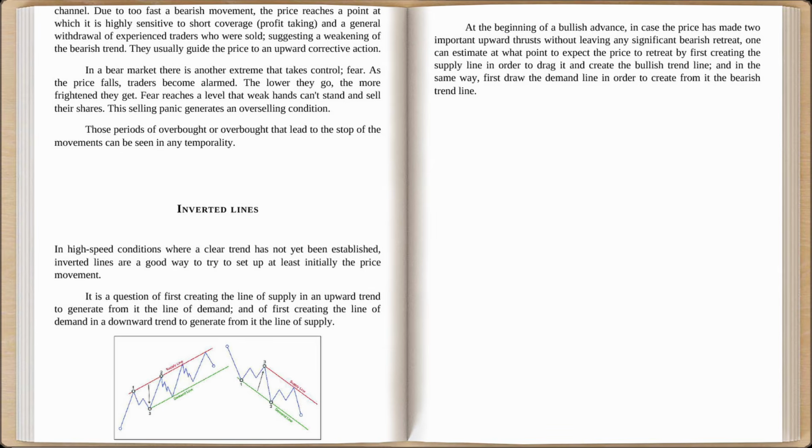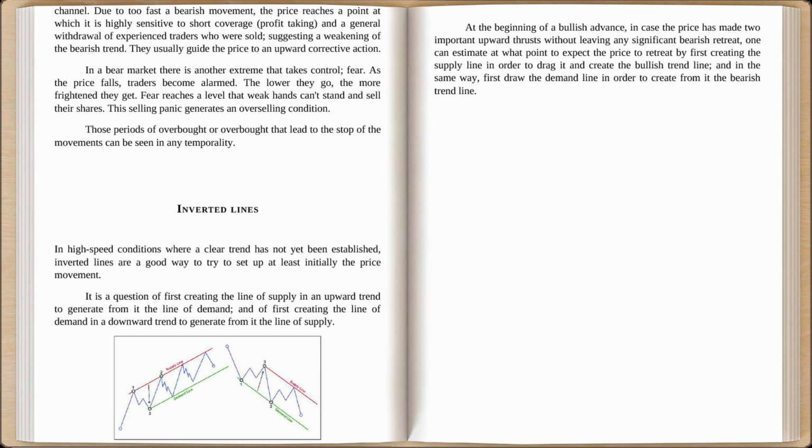Inverted lines. In high-speed conditions where a clear trend has not yet been established, inverted lines are a good way to try to set up at least initially the price movement. It is a question of first creating the supply line in an upward trend to generate from it the demand line, and of first creating the demand line in a downward trend to generate from it the supply line.